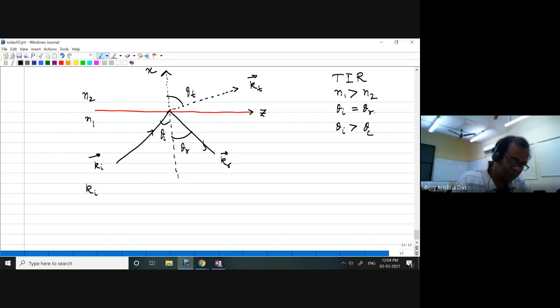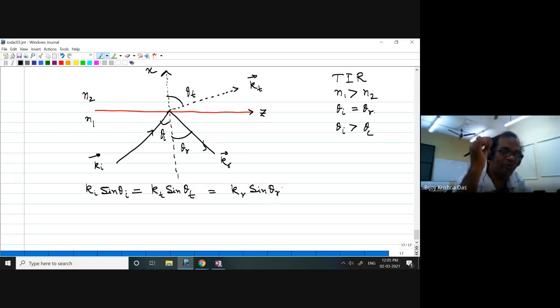When I am not writing the vector sign, it means the modulus. Ki sin theta I should be equal to Kt sin theta t, should be equal to Kr sin theta r. Do you agree if I write like that?